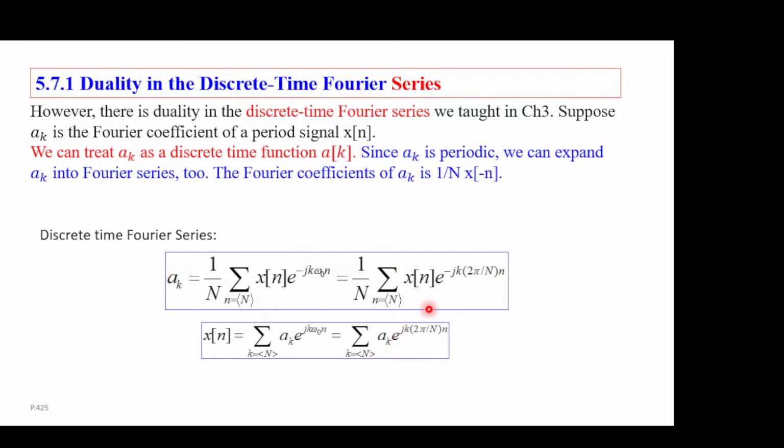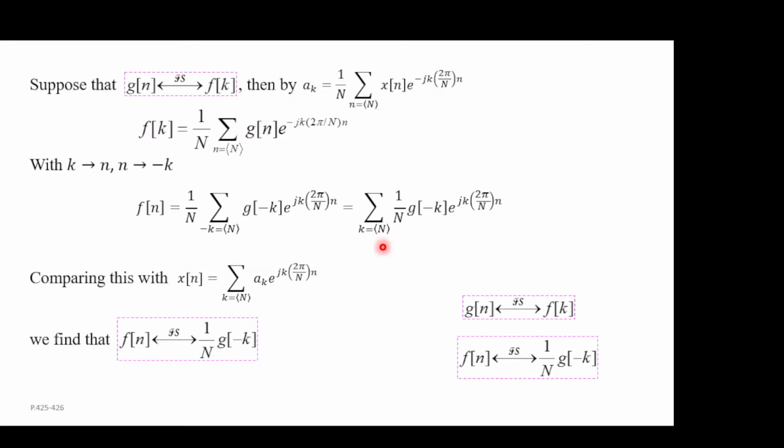So those two things are very similar, except you have a minus sign here and a 1 over N here. And so you can move it around and get a similar duality like in chapter 4. So let's suppose we have some g[n] and its Fourier series coefficients are f[k]. So they form this pair.